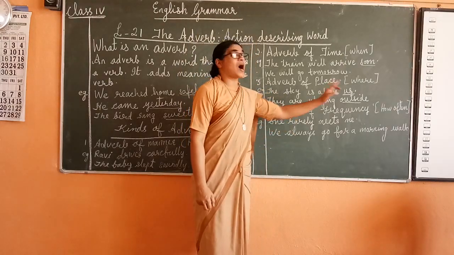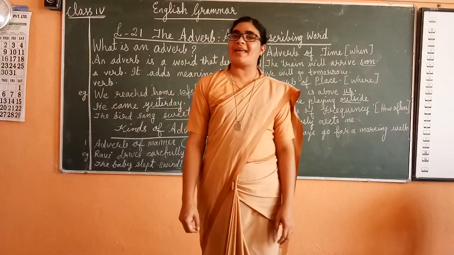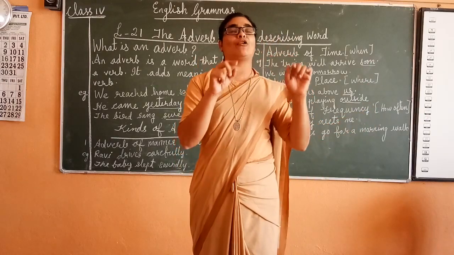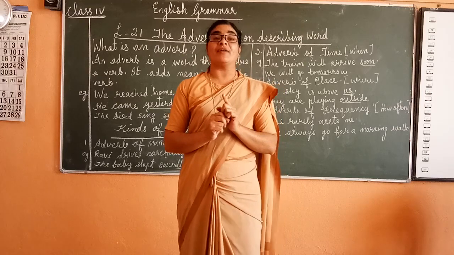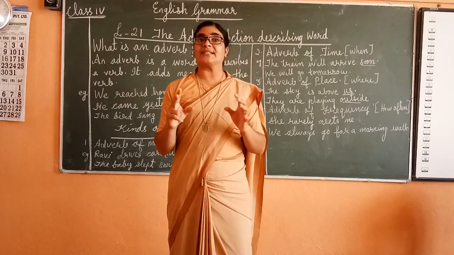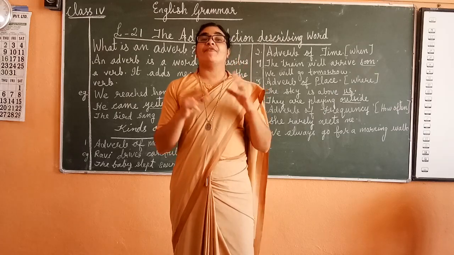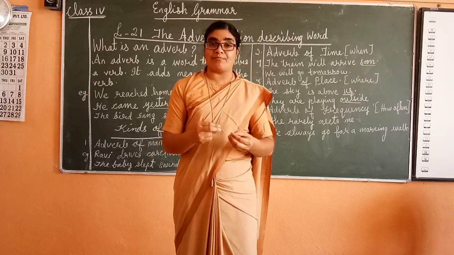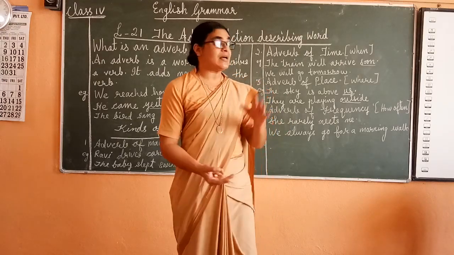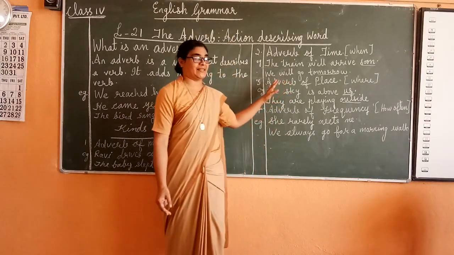They are playing outside. Where are they playing? They are playing outside, especially indicating a particular place. So anything connected to adverb of place is always connected to the place where the action is taking place, going to take place, or already taken place. So this is only what you have to keep in mind.